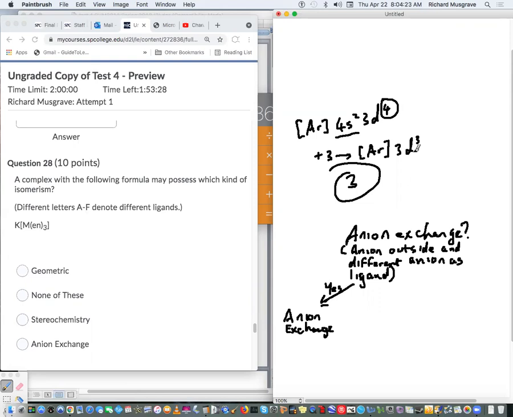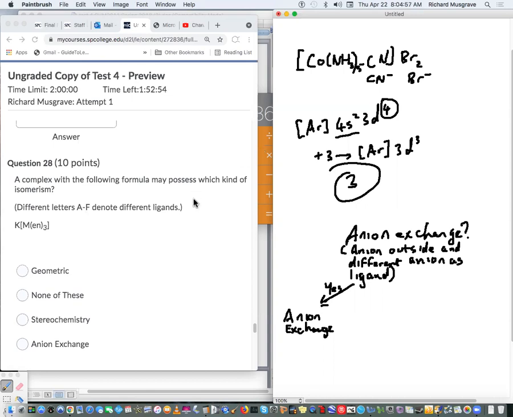An example that required anion exchange, or could have used anion exchange, was this one, because you've got Br negative here, and we've got CN minus here. So that would have been a possibility.